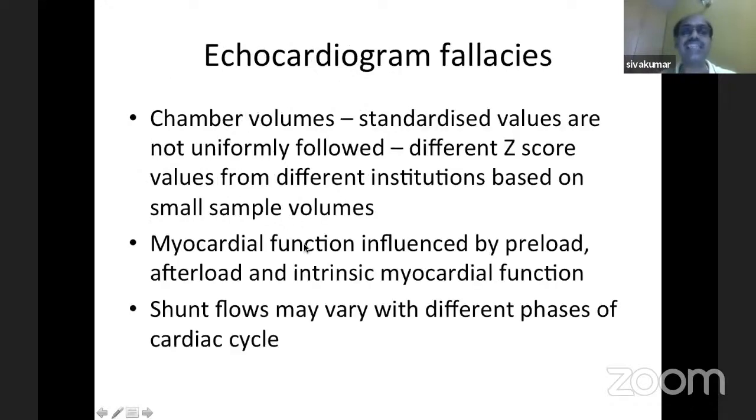It is less sensitive. Echocardiogram is based on chamber volumes. So the larger the LV, we say a PDA or VSD is operable. But we don't very often use a standardized value. So it is very difficult to assess what is a chamber volume. Similarly, as I told you earlier, myocardial function can alter the ventricular volume.